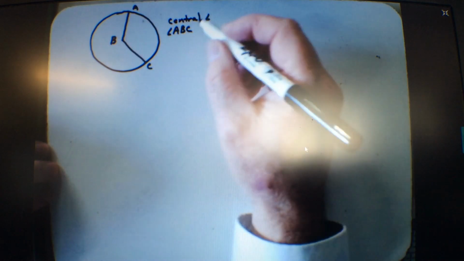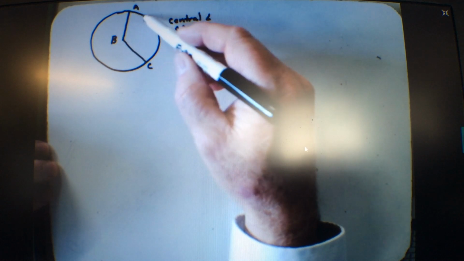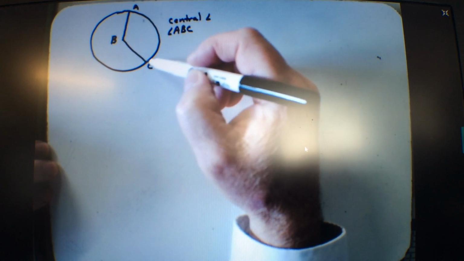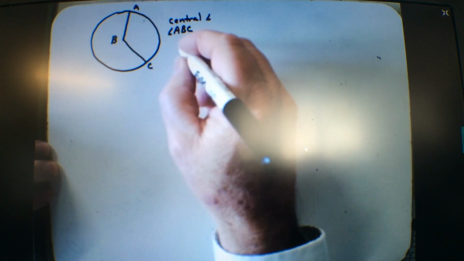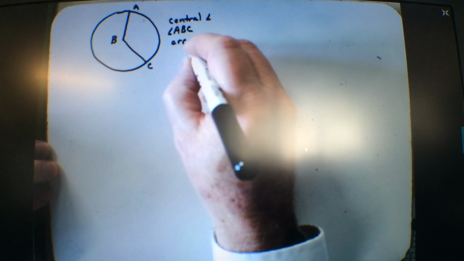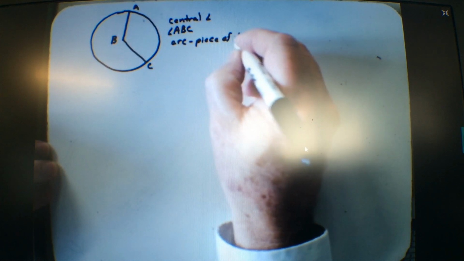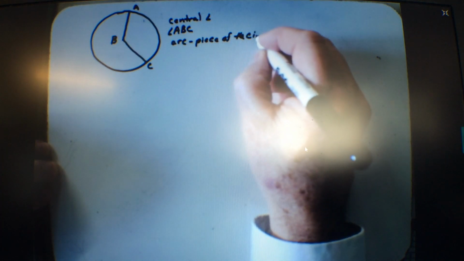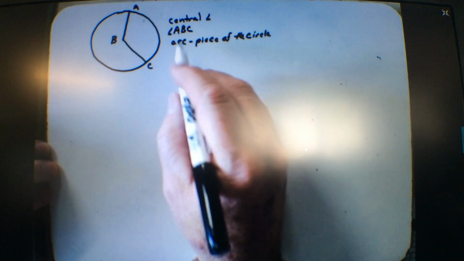Now, how big is it? We don't know. But this arc right here is a part of the circle, and that's what it's called, an arc. An arc is a piece of the circle. It's spelled A-R-C.